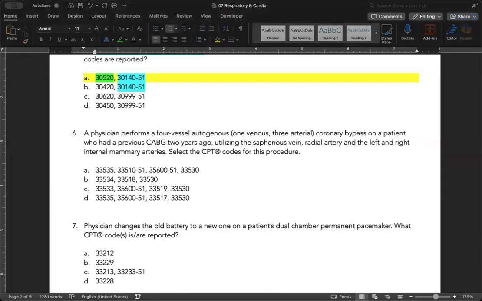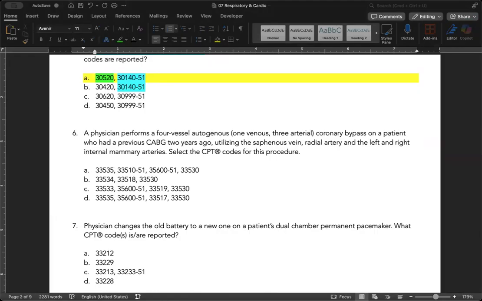So a physician performs a 4-vessel autogenous, meaning 1 venous and 3 arterial coronary artery bypass on a patient who had a previous CABG 2 years ago, utilizing the saphenous vein, radial artery, and then the left and right internal mammary arteries.